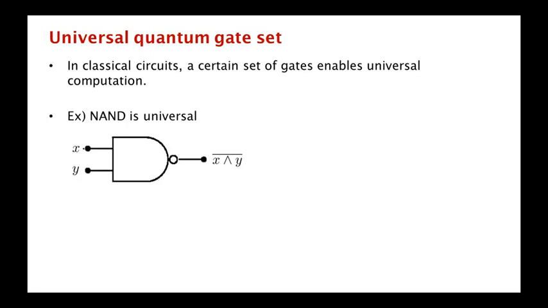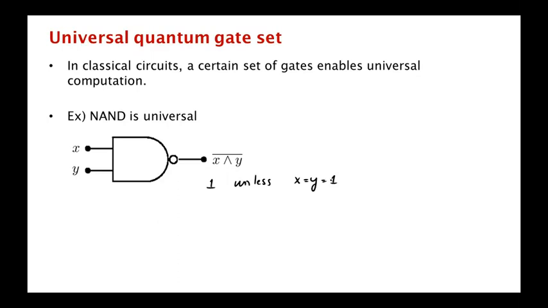A NAND gate takes as input two bits and outputs 1 bit, and it's the NOT of the AND, right? So the output is 1 unless x equals y equals 1, in which case the output is 0.